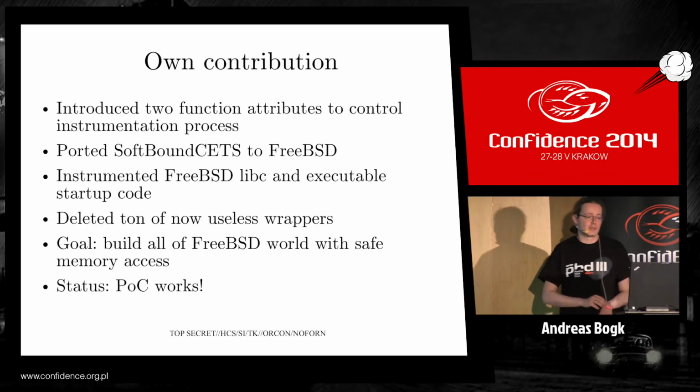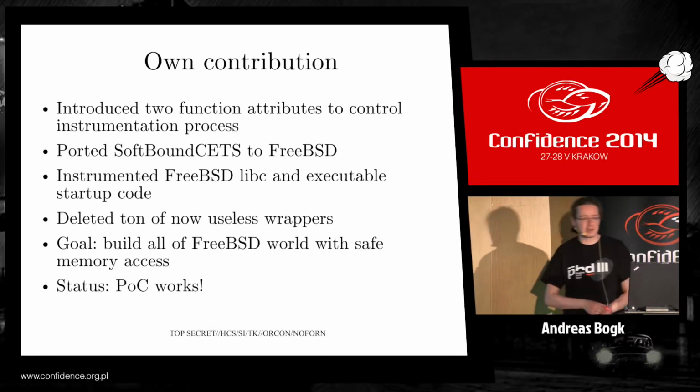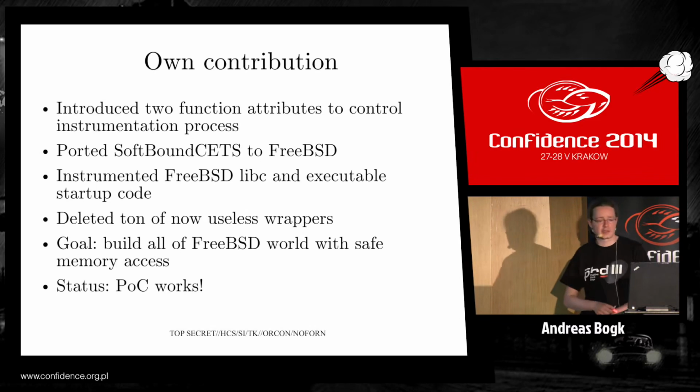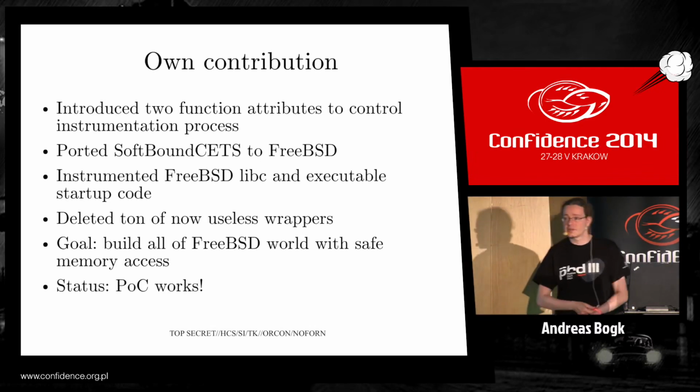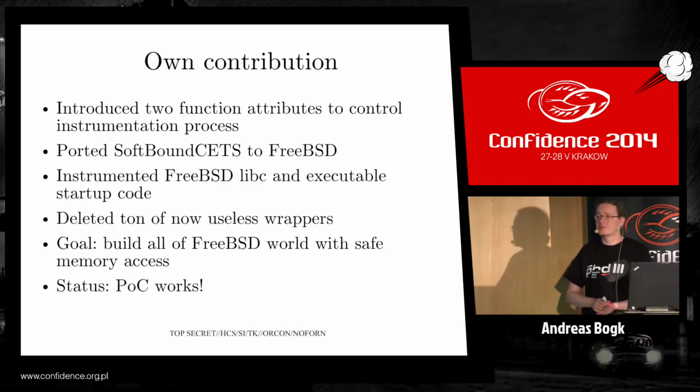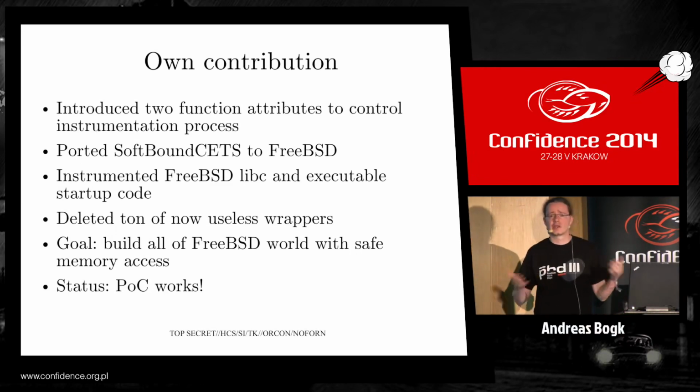We started porting SoftBound CETS to FreeBSD, cleaned up the modules. We started instrumenting the libc, which essentially means implementing the right thing in the allocator, right? Malloc and free are no magic. They need to come up with the right base and bound values, propagate them.